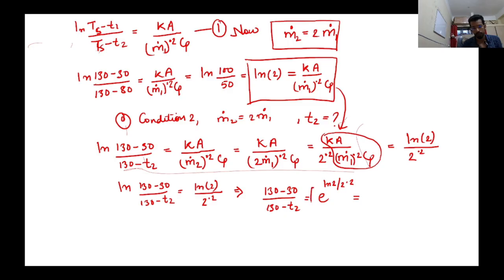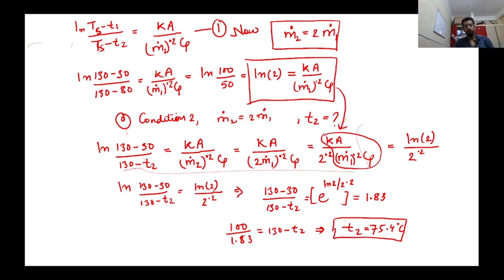This whole value will come as 1.83. So 130 minus 30, that is 100, divided by 1.83 is equal to 130 minus T2. So T2 will come around 75.4 degrees Celsius. So this is our final answer.